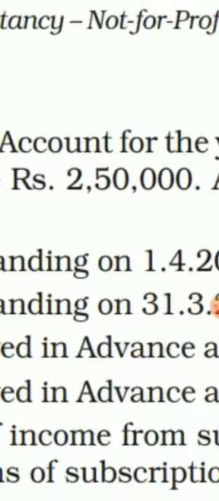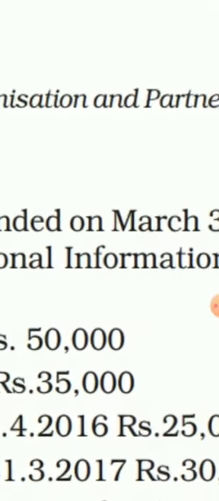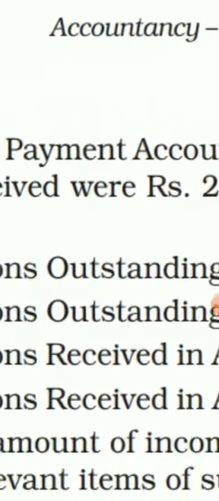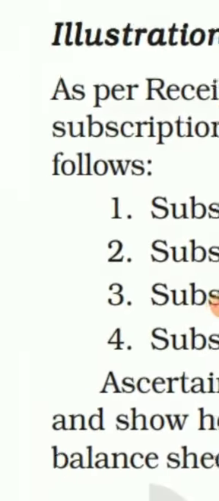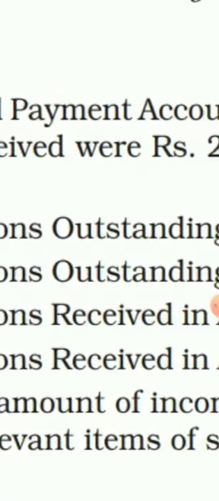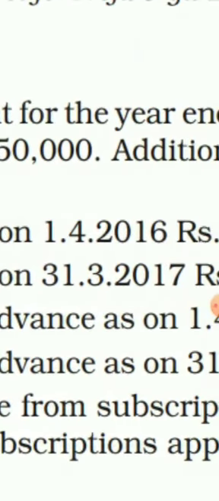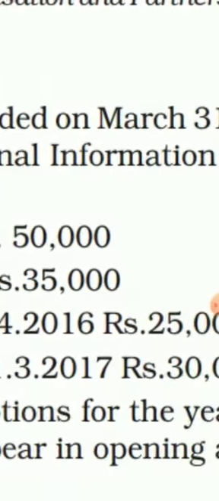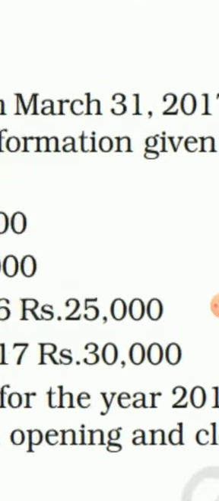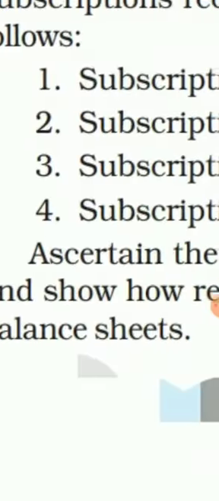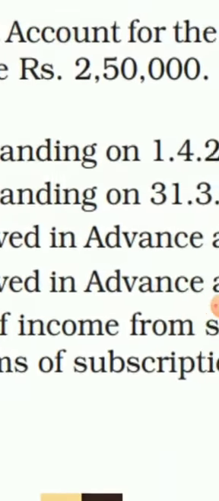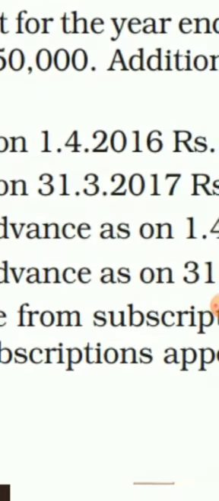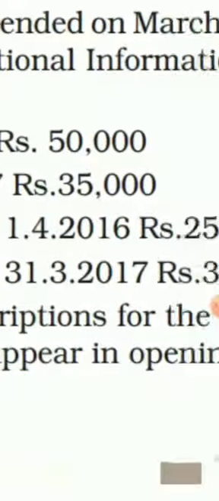As per the receipts and payment account for the year ended on 31st March 2017, subscription received was rupees 2,50,000. Additional information given is the following. First, subscription outstanding on 1/4/2016 rupees 50,000.